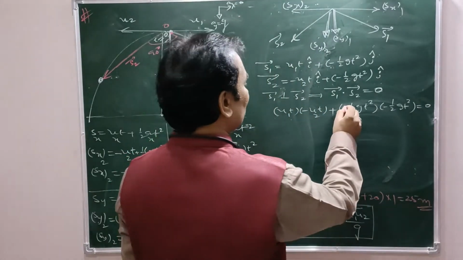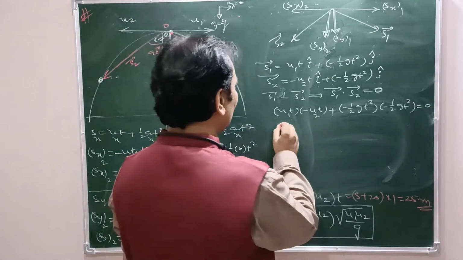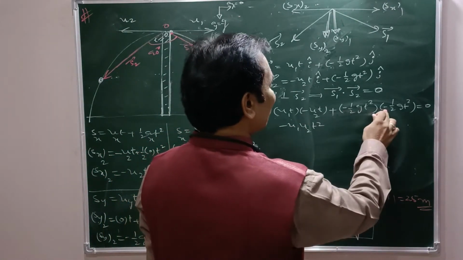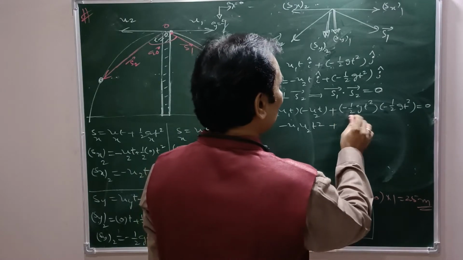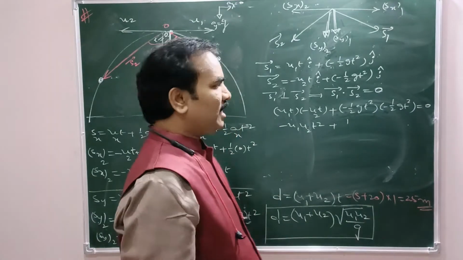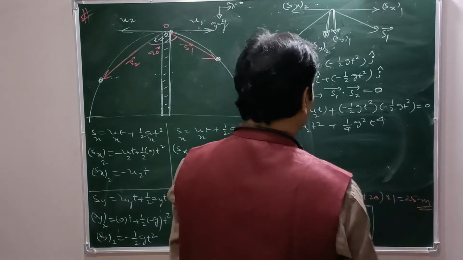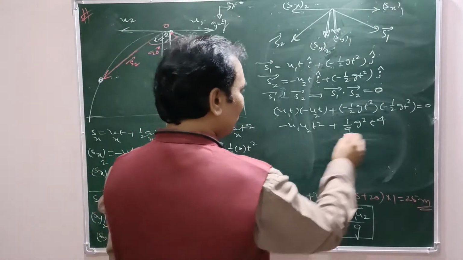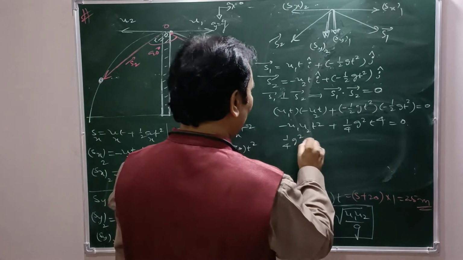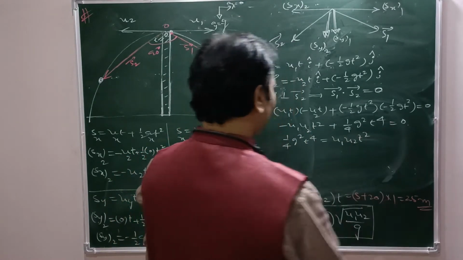Minus of minus is plus. Here minus u1 u2 t square, plus half g t square whole square, that is 1 by 4 g square t power 4. So make it the subject, equal to 0. 1 by 4 g square t power 4 equal to u1 u2 t square.